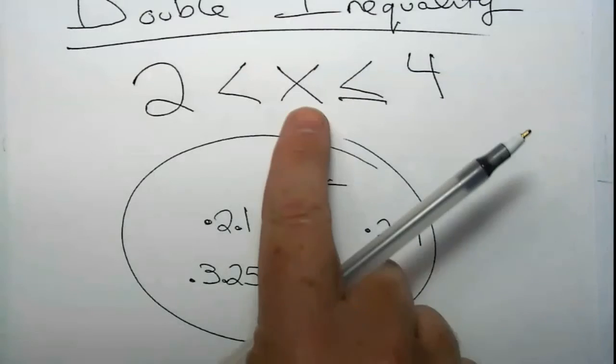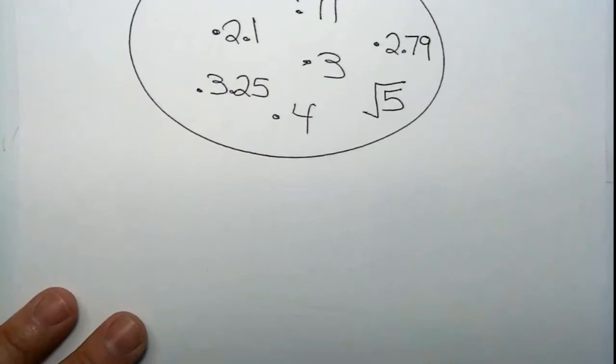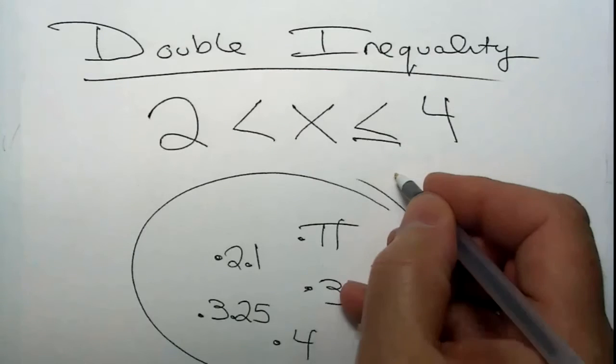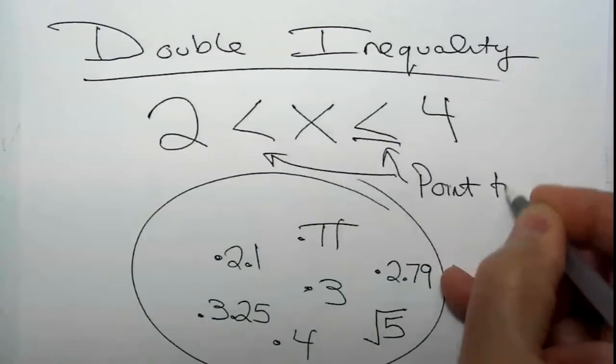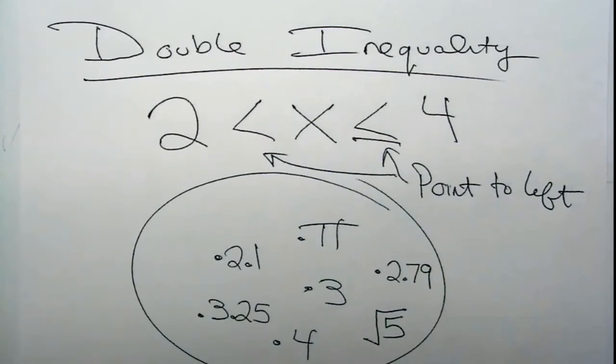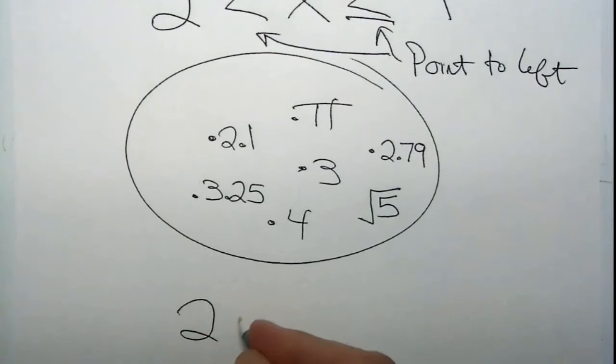Now, how do you solve a double inequality when it's not as straightforward as that one? This double inequality has x isolated in the middle, and I want you to solve a double inequality so that x is isolated in the middle. One more thing. I want both of these arrows to point to the left. There are a couple forms of double inequalities that don't make any sense.